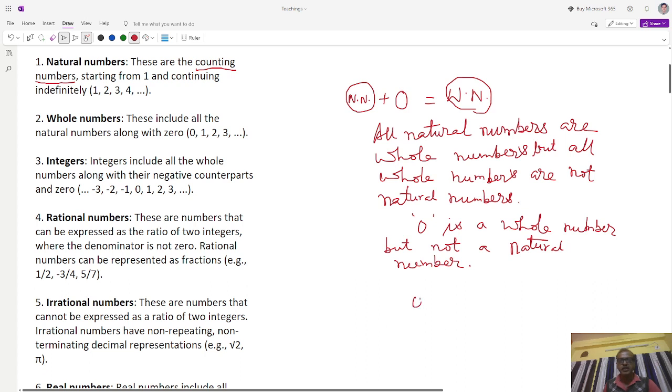So we can write integers like 0, plus minus 1, plus minus 2, plus minus 3, and so on. These are the integers.